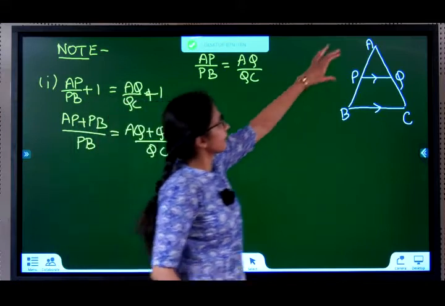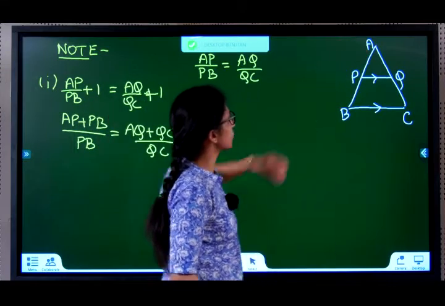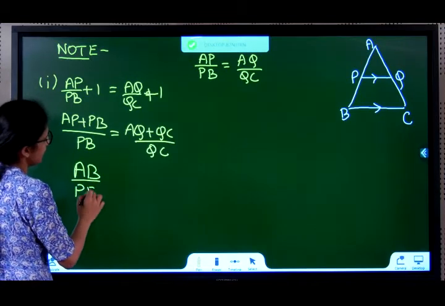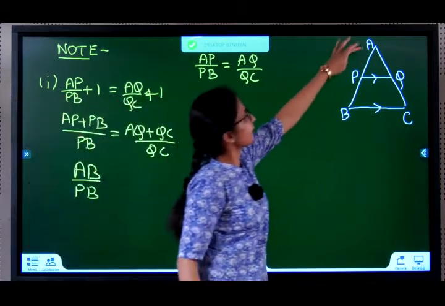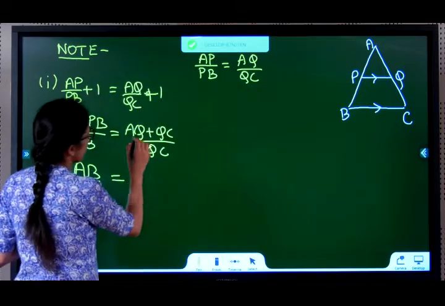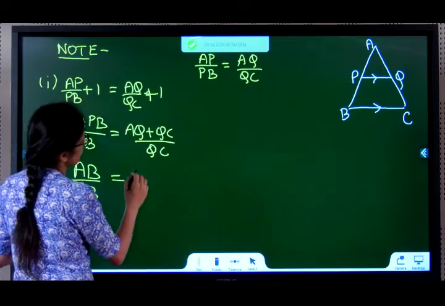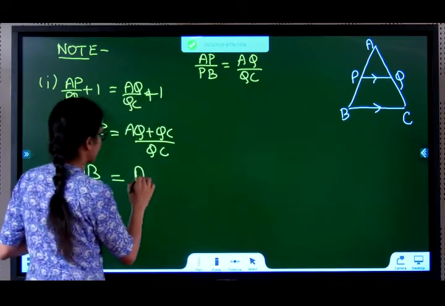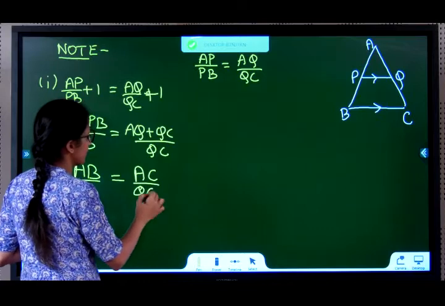AP plus PB is what? AB divided by PB is equal to AQ plus QC, which is AC divided by QC.